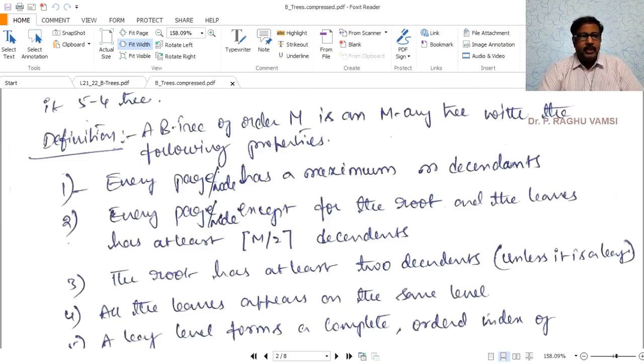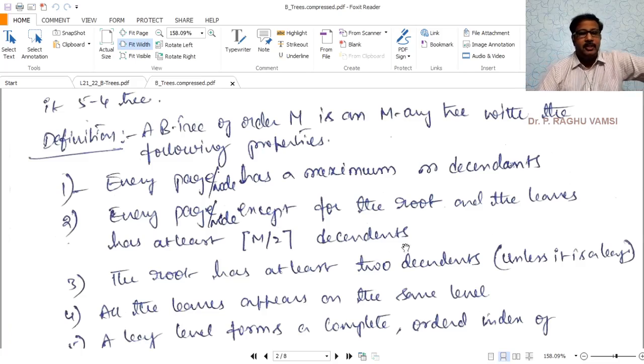So now, make note of this definition. A B tree of order M is an M-way tree with the following properties. I told you that in literature you will find an alternative name for the B tree as M-way tree. Whenever you find this as M-way tree, you are supposed to understand the following properties.